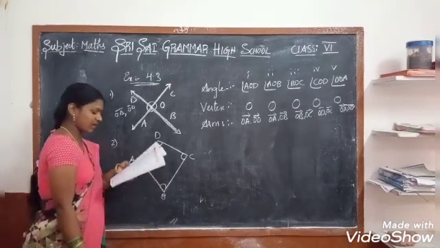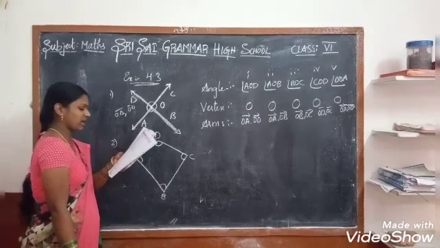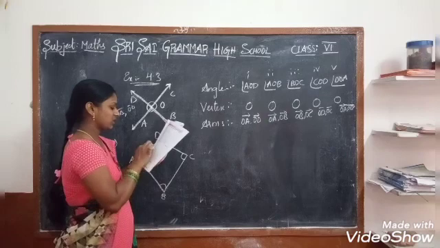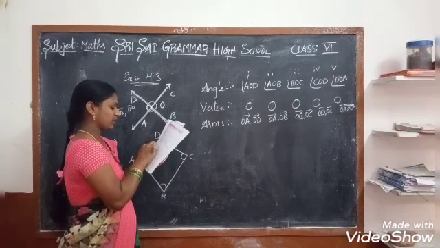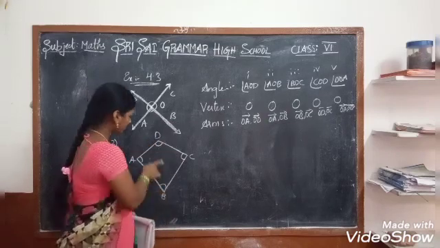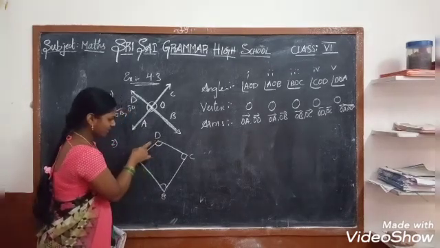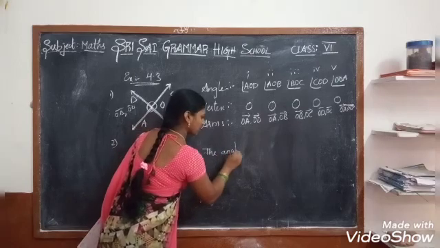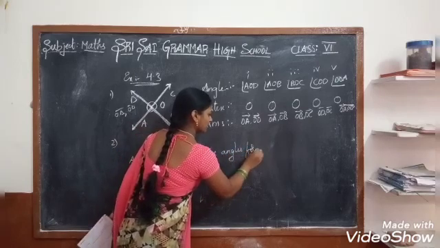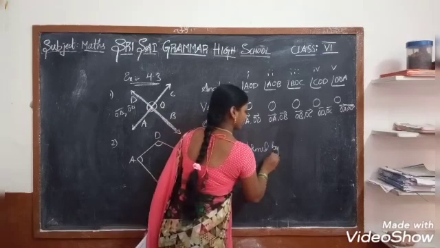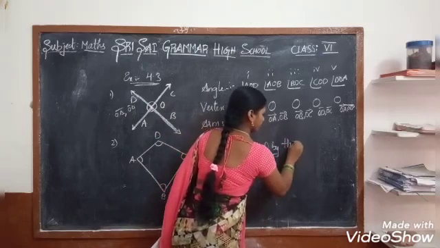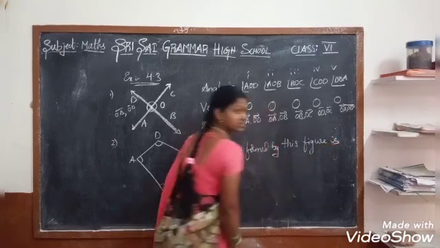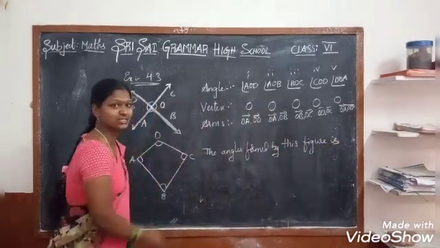So from this we have to see the angles. Okay, B, C, D. Yes, D, A, B, C, like this. Now we have to show the angles formed by this figure from the figure.